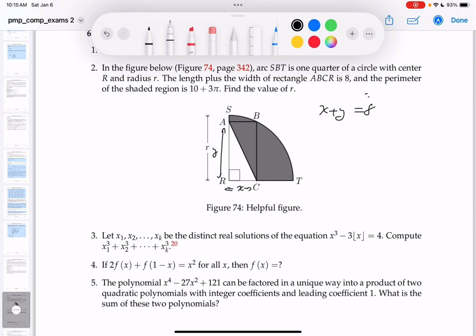It goes on to say the perimeter of the shaded region is 10 plus 3 pi. So I'm going to write down the perimeter is 10 plus 3 pi. And what's that really equal to?